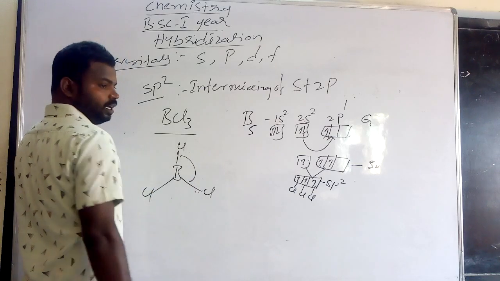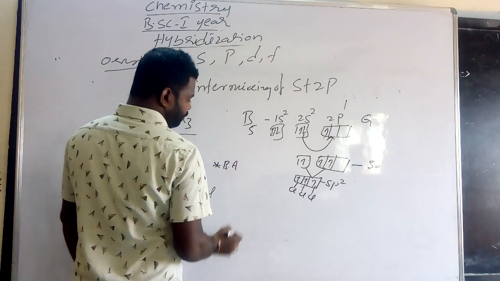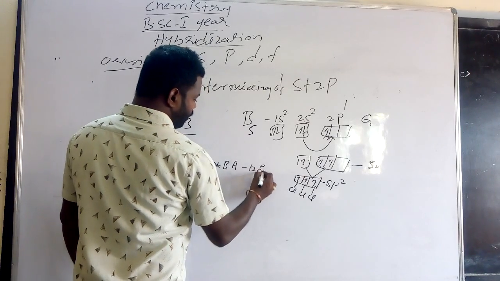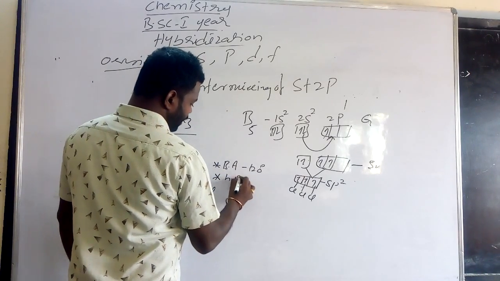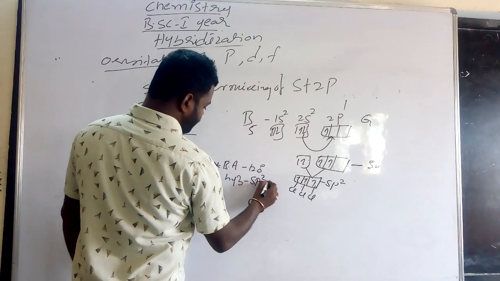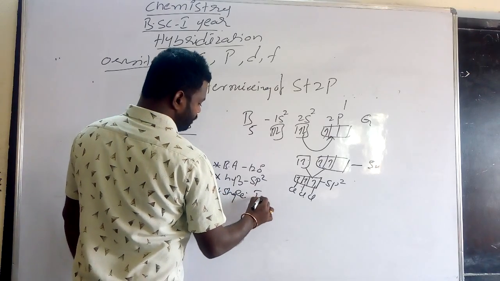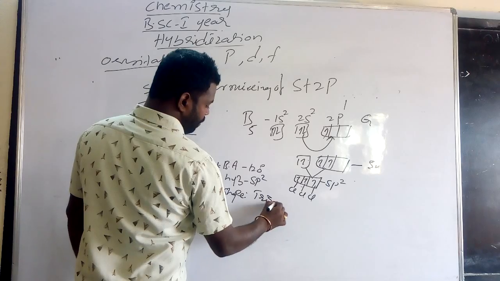In between two chlorines, the bond angle is 120 degrees. Hybridization is sp2, and the shape of the molecule is trigonal planar.